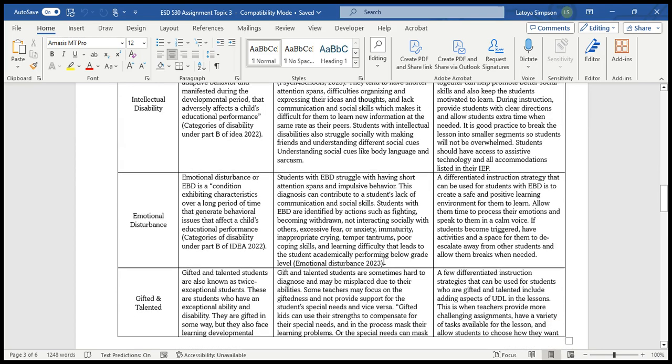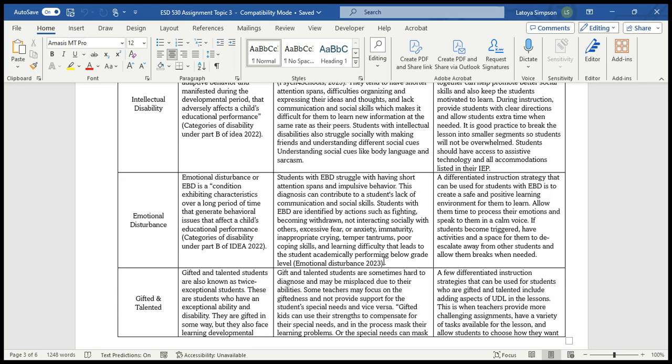Next, we have emotional disturbance or EBD. EBD is a condition exhibiting characteristics over a long period of time that generate behavioral issues that affect a child's educational performance. Students with EBD struggle with short attention spans and impulsive behavior.